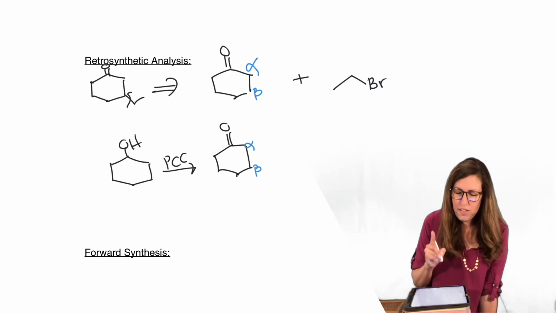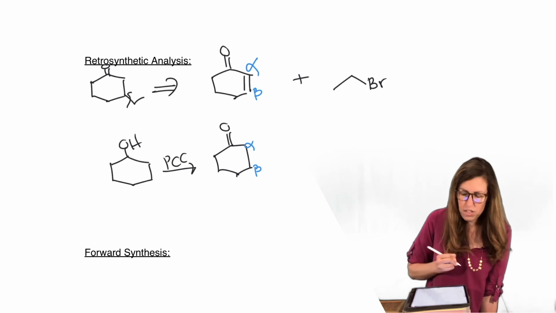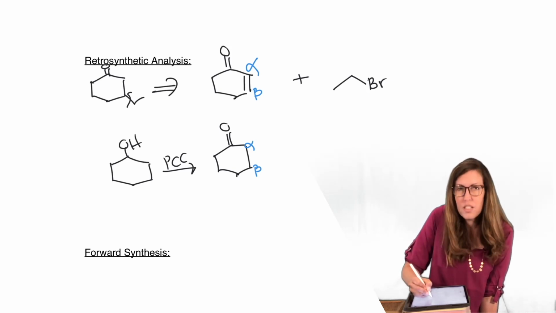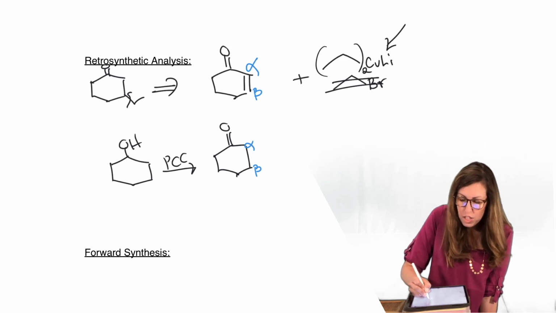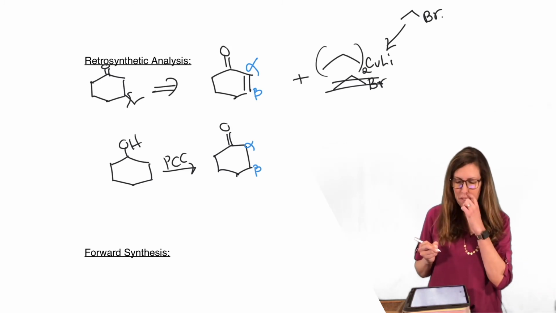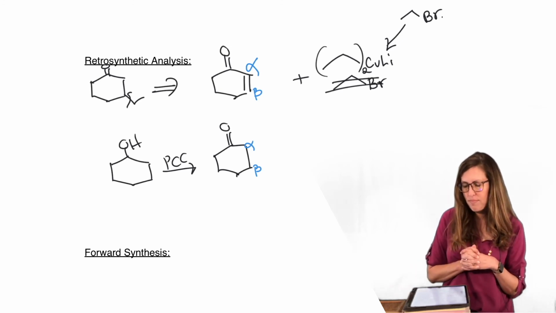So it had to look like that. And if this had to be a Gilman reagent, that means I had to have Cu, so there's two of these, CuLi. But good thing, I can actually make that from the ethyl bromide, right? All right, now what?